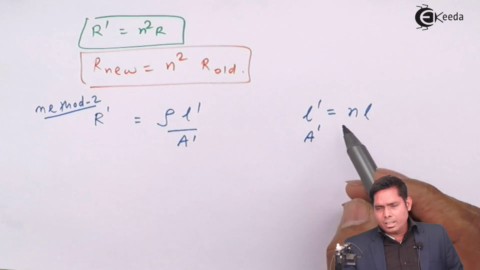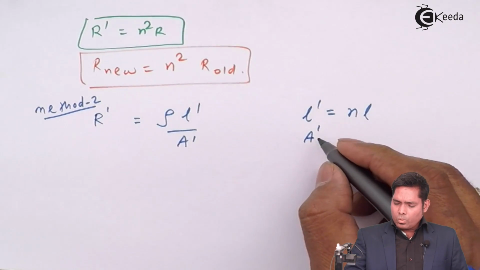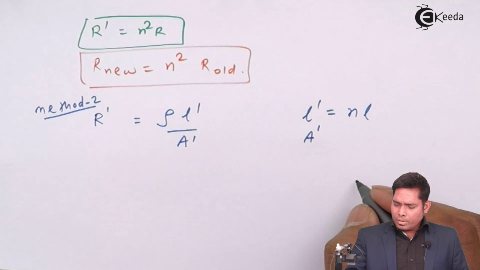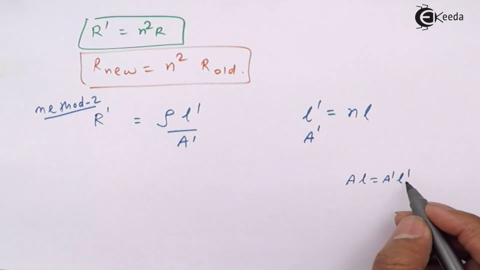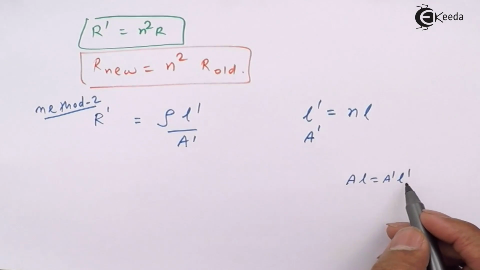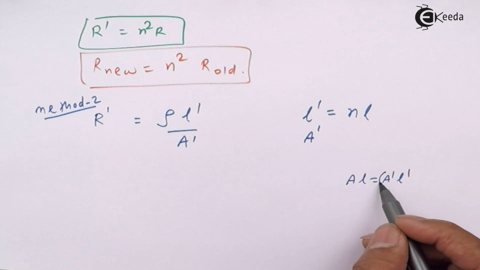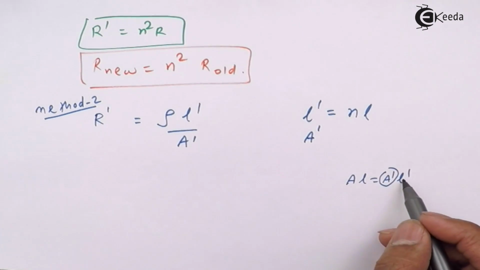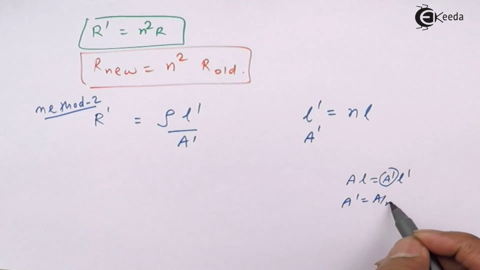Because the volume is kept the same, A into L is A dash L dash. So from here, L dash is n times L, so A dash is A by n.